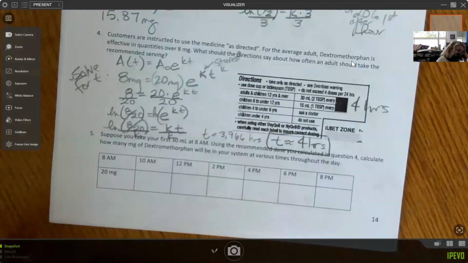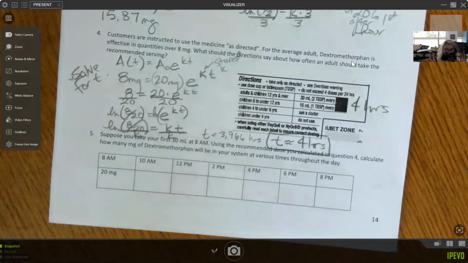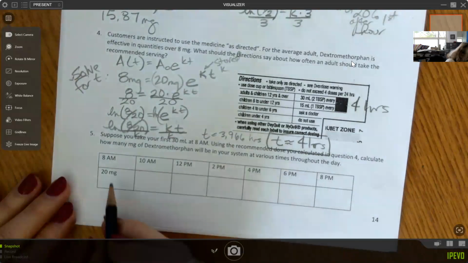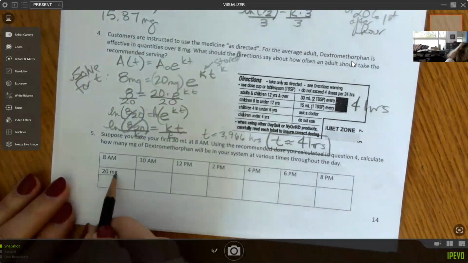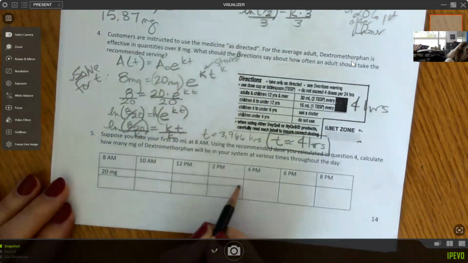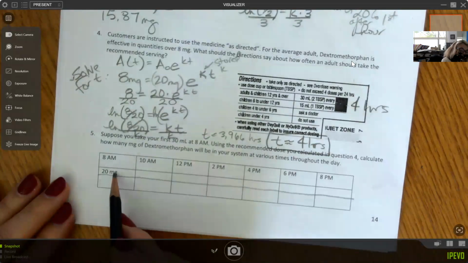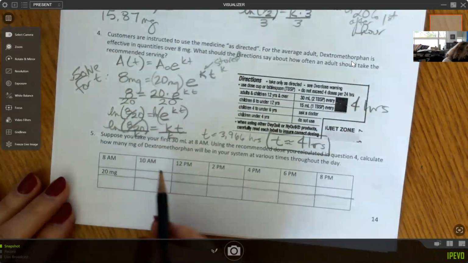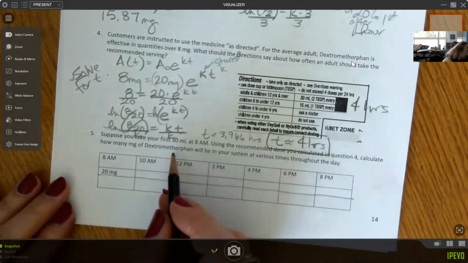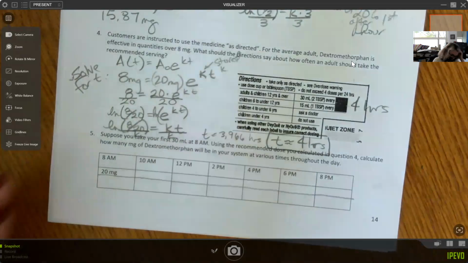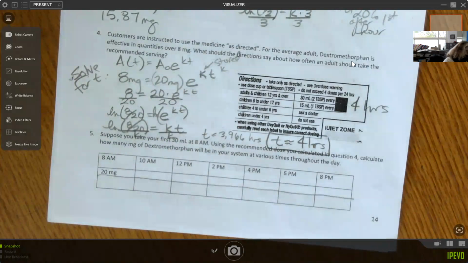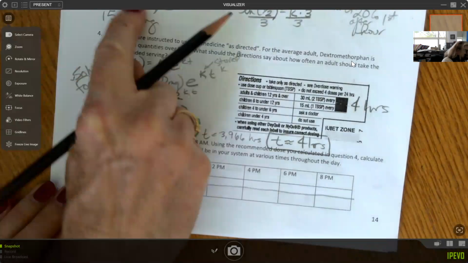Okay, so now we're going to look at what this does in our system. We know that with the initial dose of 20 milligrams, we had 10 milligrams left after the 3 hours. So we're going to figure out how much we're going to have after 2 hours, because we already figured out 1 hour.